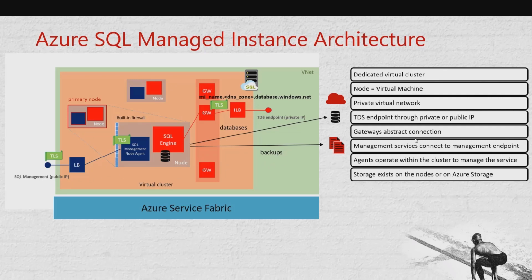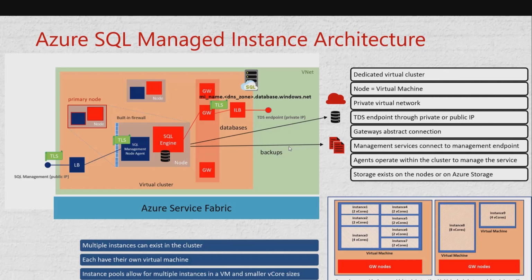We have a lot of the details. I mean, there is not enough time to go through them all. So for example, on business critical service tier, you get the storage locally inside the node. But if you're running a general purpose service tier, your storage will be a remote storage. Remote, but which is not accessible to any other service under any circumstances.